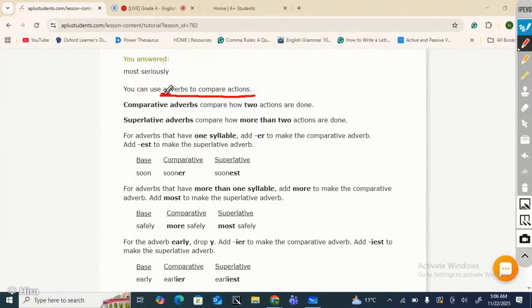If adverbs tell about verbs, meaning actions, we can use them to compare actions. How can we compare actions? Using two kinds of adverbs, comparative adverbs and superlative adverbs. These two types of adverbs can be used to compare actions.